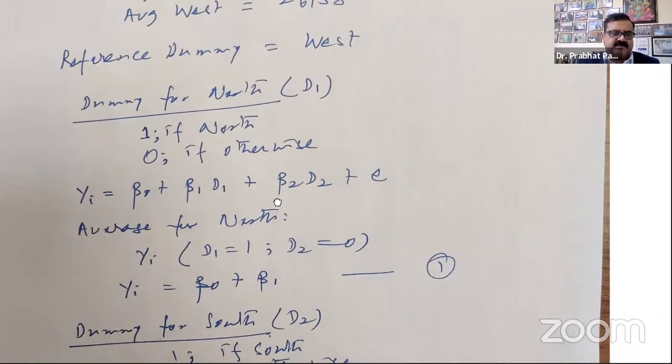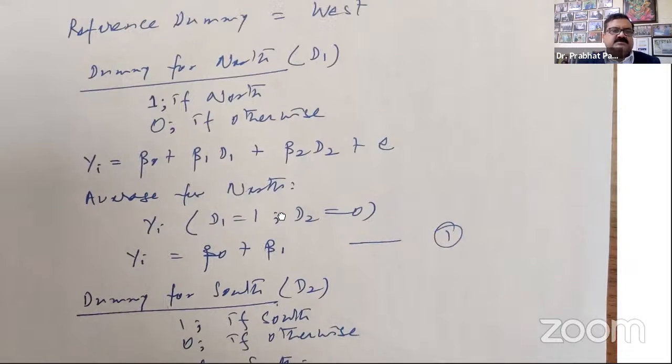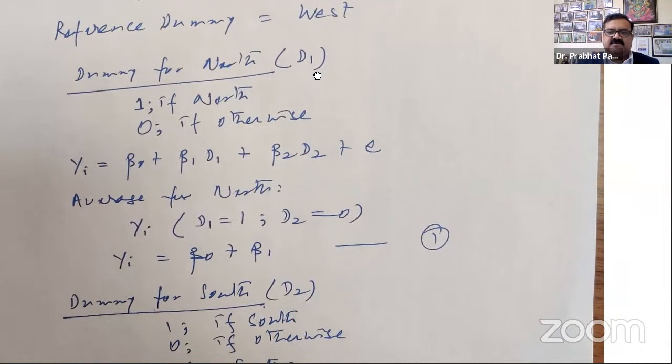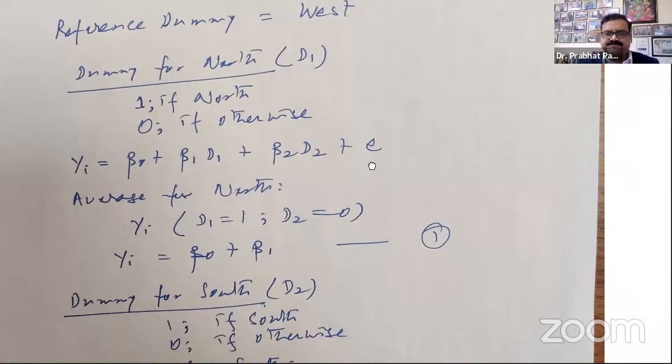Now you can see it very clearly, right? We'll say the reference dummy is west. We have already discussed that the dummy for the north is D1, 1 if north, 0 otherwise. So here the equation is Y is equal to beta 0 plus beta 1 dummy 1 plus beta 2 dummy 2, plus the error term. This is a generalized equation.